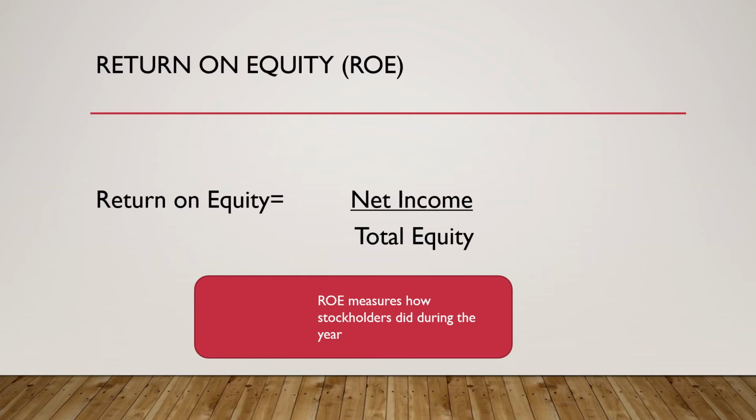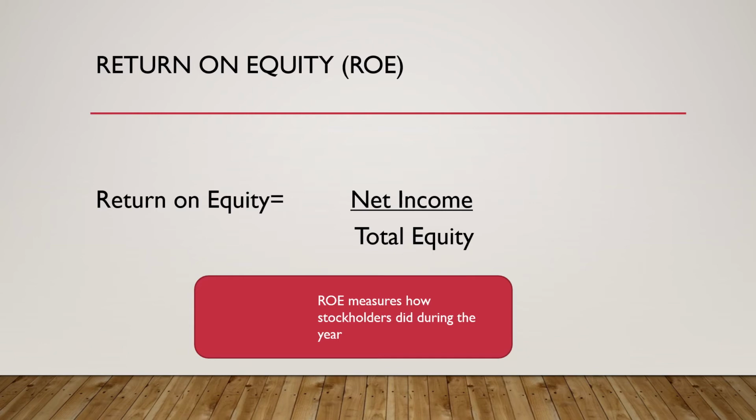After calculating return on assets, we are now moving on to return on equity, also abbreviated as ROE. To calculate the return on equity, you look for the net income and divide it by the total equity. And so what does the ROE measure? It measures how stockholders did during the year. And you may be wondering, why is that important?